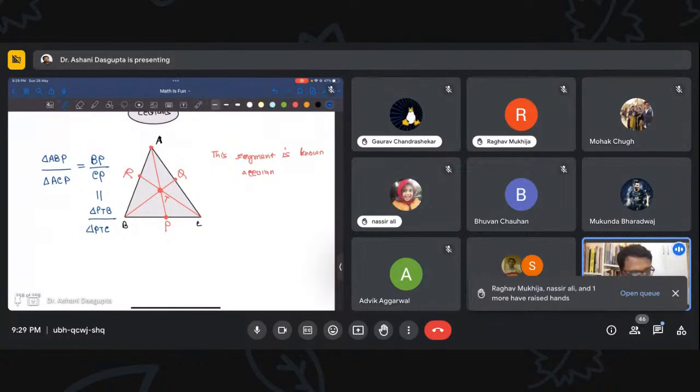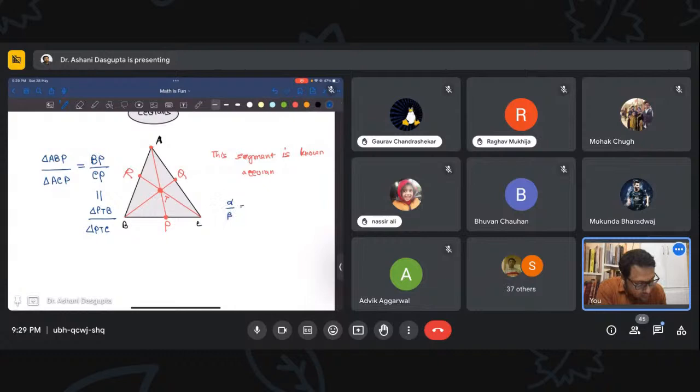Now I'll just recall a principle of mathematics that we have learned in middle school. And that principle is this: if alpha by beta equals gamma by delta, then both of these ratios are equal to alpha minus gamma divided by beta minus delta.